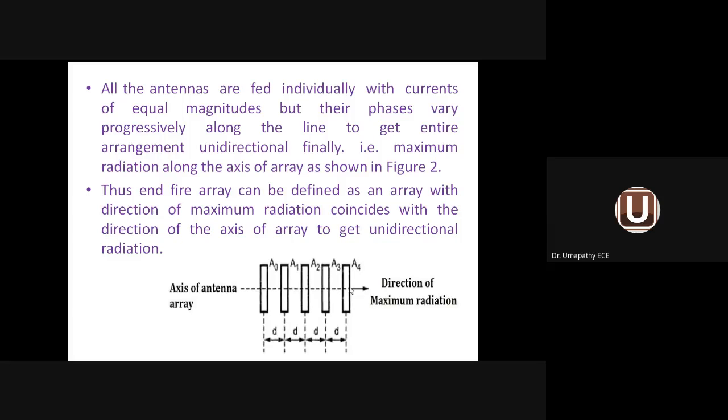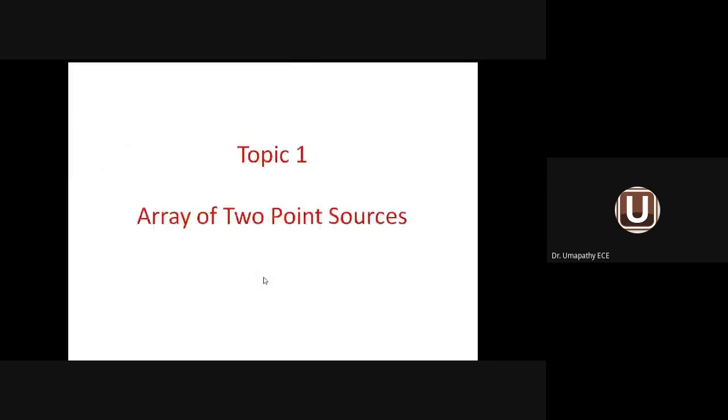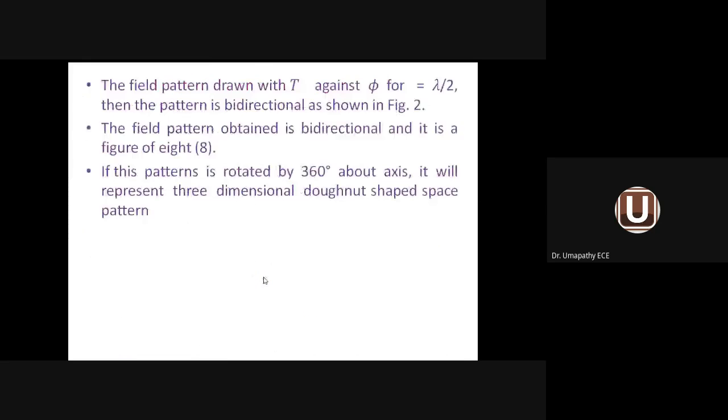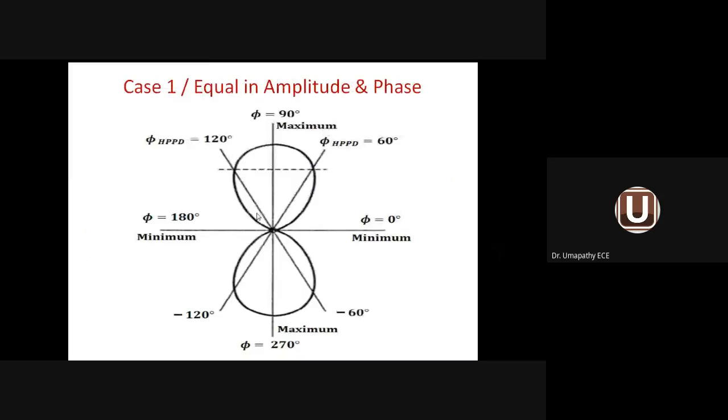The radiation pattern will be in the horizontal manner. You can see the horizontal 8 pattern in the case of n-fire array. I can show the diagram also here. In case 1, this one is the radiation pattern for a broadside array.